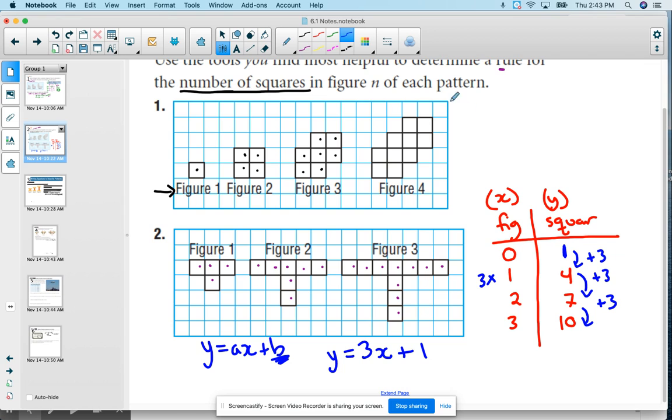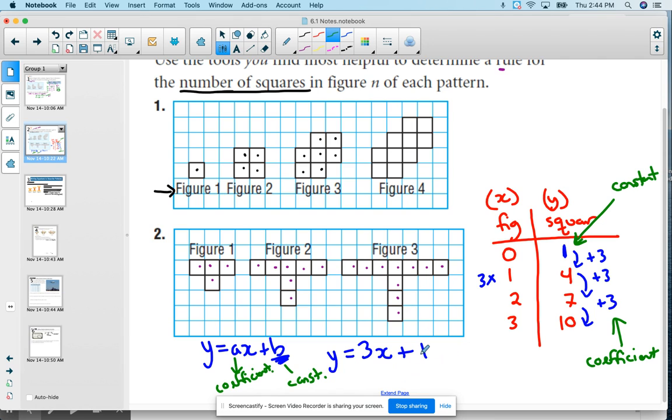So right here, this 3 tells me my coefficient. And this guy at figure 0 tells me my constant. This is my constant. This is my coefficient. And you can always leave your x and y as is. And this is a standard expression or equation to use.